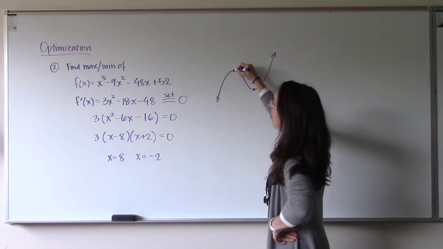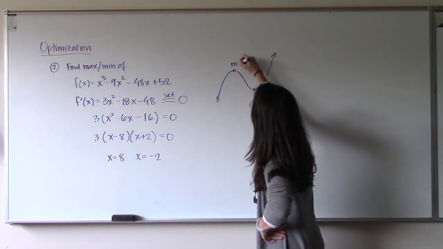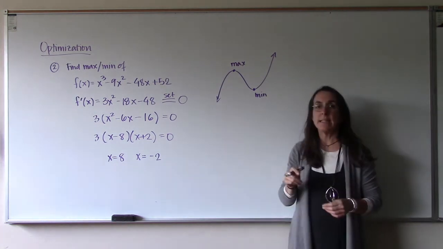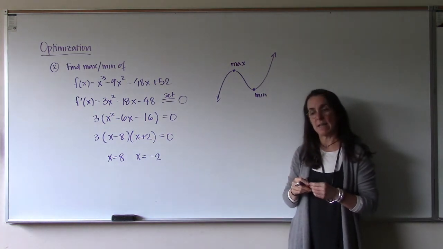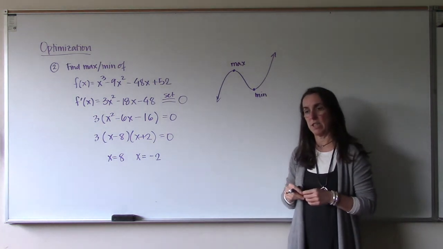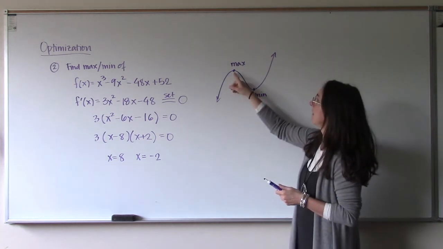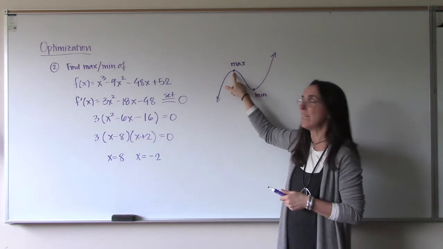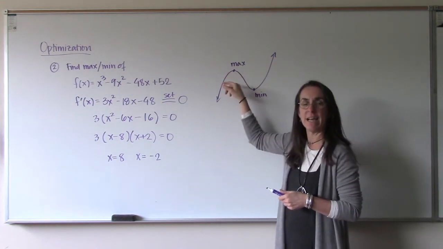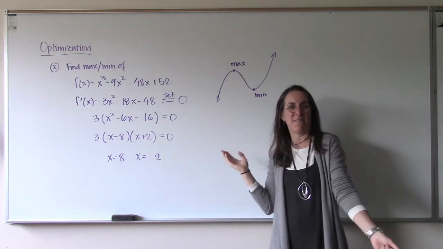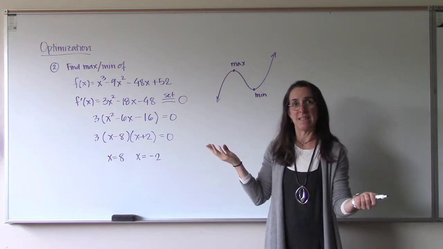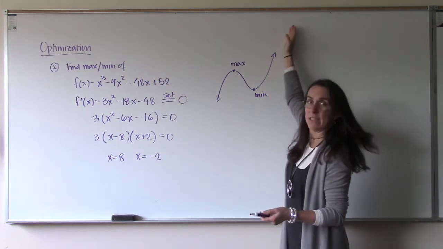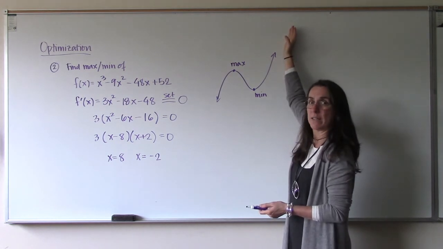This is a maximum, and this is a minimum, but this point has a larger value of the function than anything else in its area. But is it as big as the function ever gets? No, right? Because the function continues to get infinitely big as it goes out to the right.